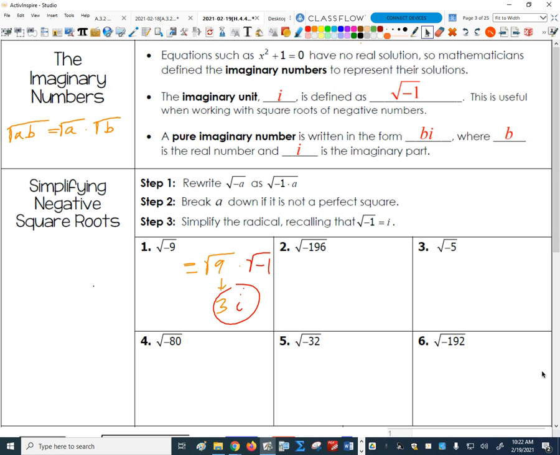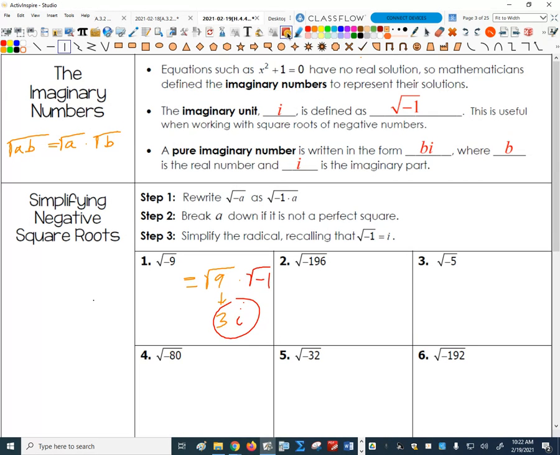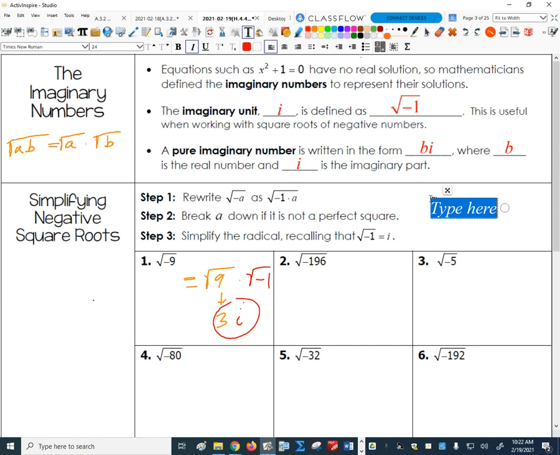Maybe something I'll add to this page too, just to really reinforce this, because this is a really big one for us. Okay, there we go.